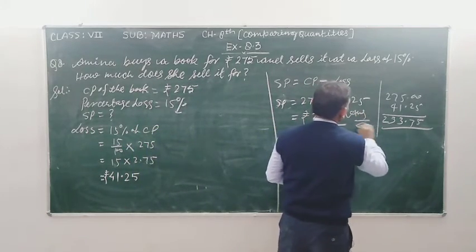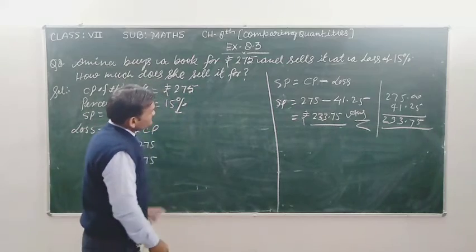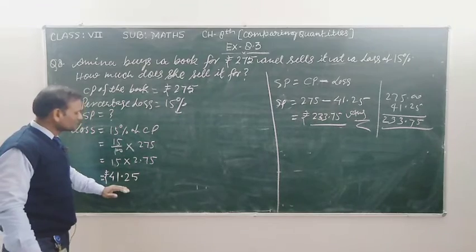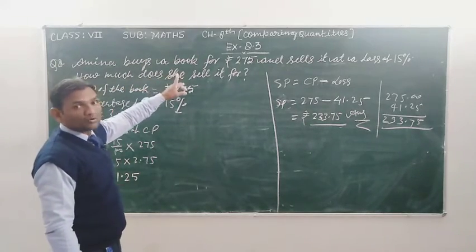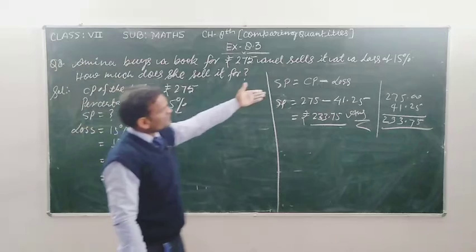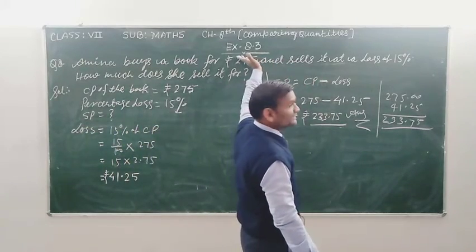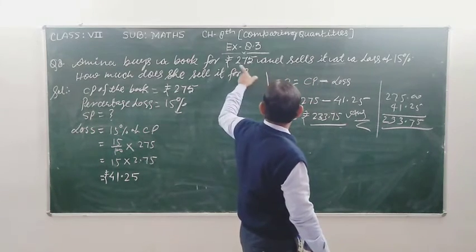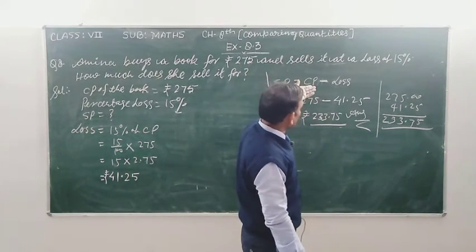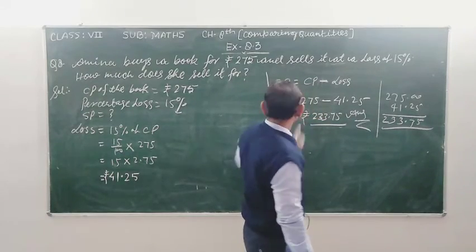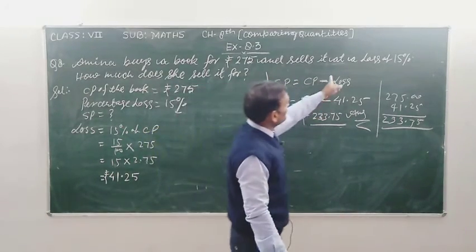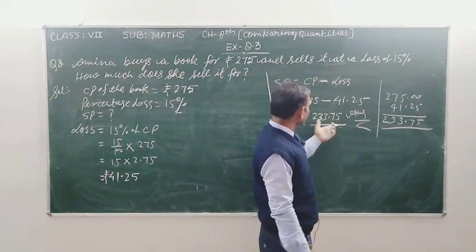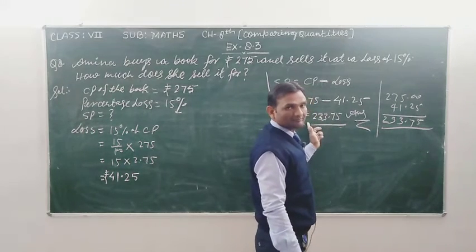It means firstly you have to find out the loss in amount. पहले लॉस निकाल लीजिए, लॉस हमें कितना हुआ है सेल करने पर बुक को. After this use this formula, SP equal to CP minus loss, and CP is given in the question. Put the value of CP in the place of CP and minus the amount of loss in the loss place. So at last we subtract it, we get the answer 233.75 rupees.